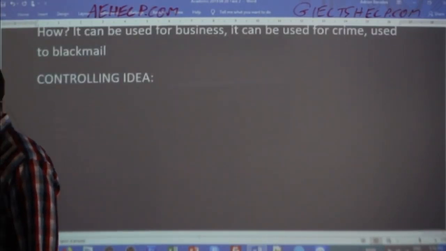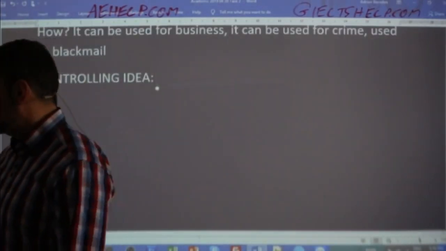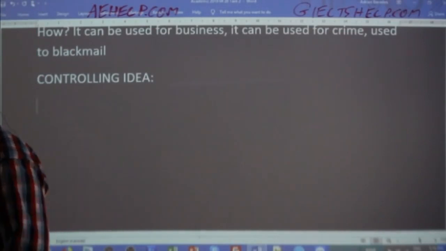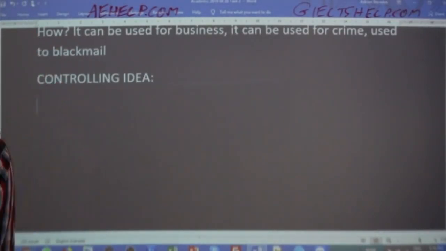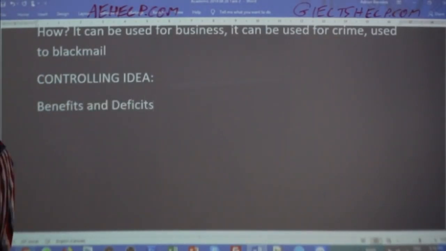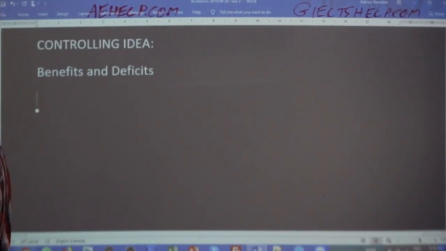So Marasa, yes, the controlling idea is the benefits and the negatives, the deficits, right? So what are the benefits?